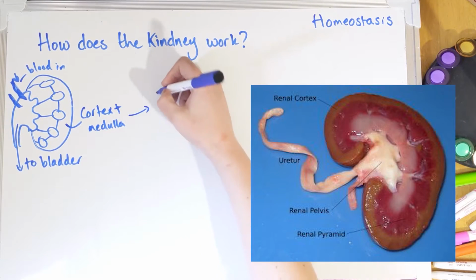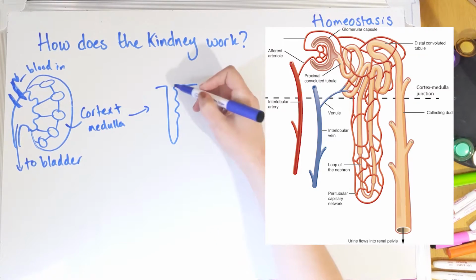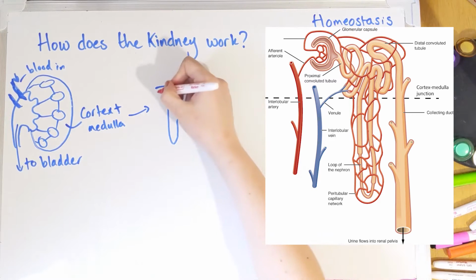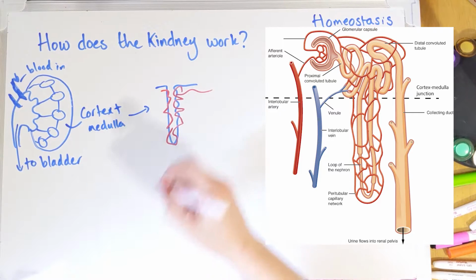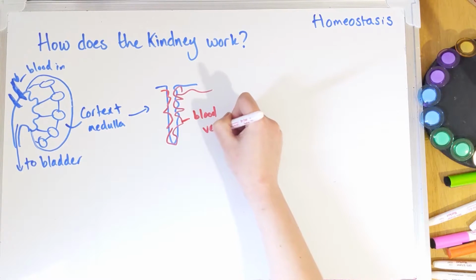Inside this main bit, this sort of dark purpley part of your kidney, you have some weird structures called nephrons. They kind of look like a hair clip on its side, and surrounding those nephrons you've got a whole load of capillaries. You've got millions of them in there.